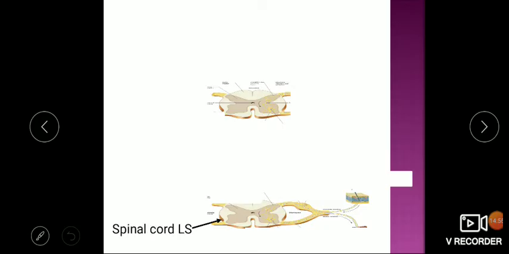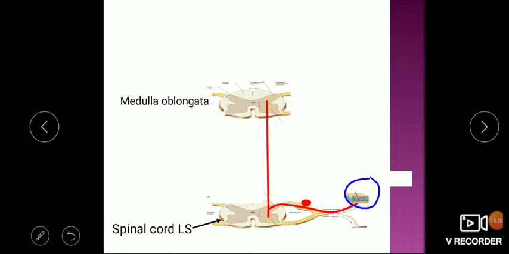Now one more very important tract. This is the lower segment of the spinal cord. This is the medulla oblongata. Now you can see from our skin, a sensory nerve is arising.